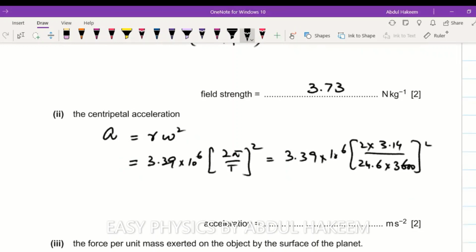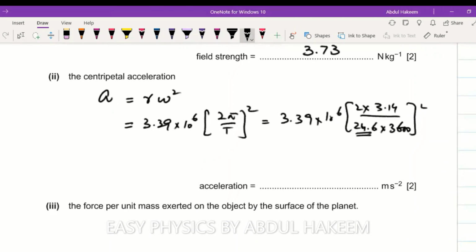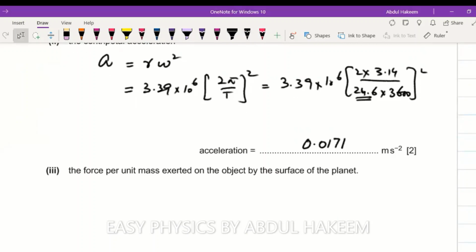We have to convert this period into seconds. So after calculation, the answer is coming 0.0171.